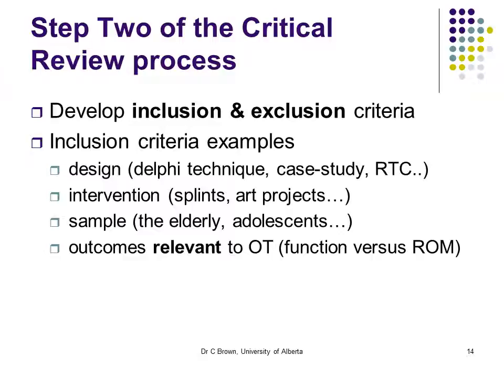At this point, some of you are going to go, oh my goodness, I found nothing. Now, this is when you need to talk to your supervisor, but in a true critical review, that doesn't mean that you have to change your question, right? If you can demonstrate that you followed the method and you constructed a good search and you looked at all of the information that was available and you looked everywhere that was possible to look and you still found no relevant evidence, then those are your findings.